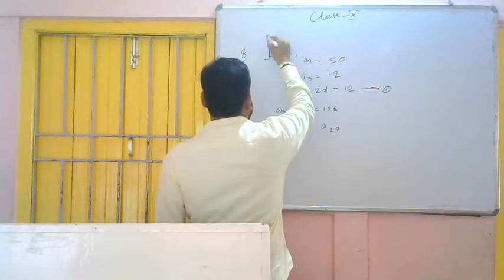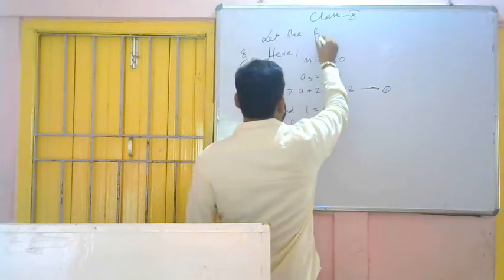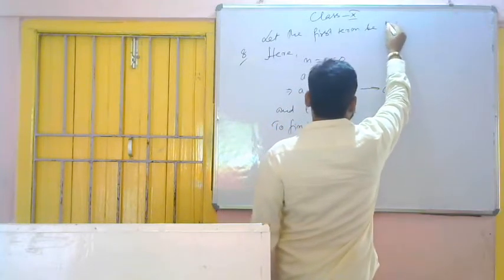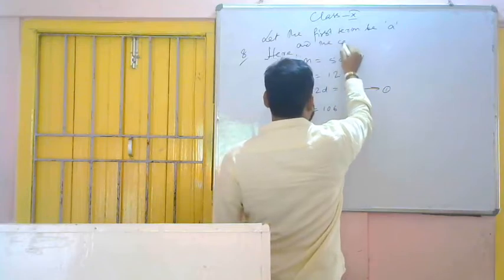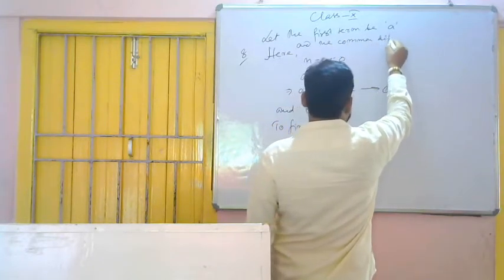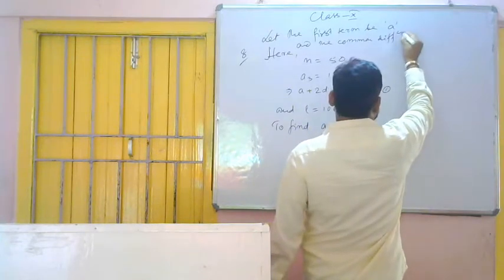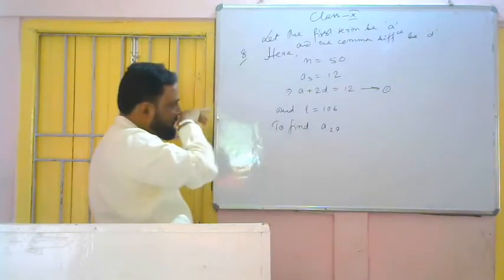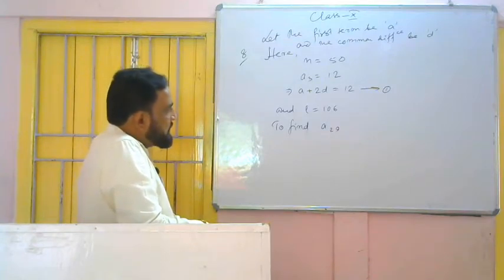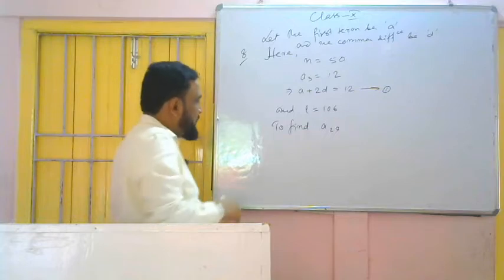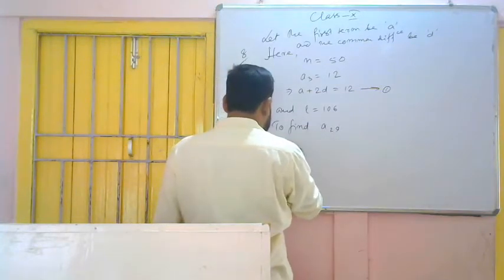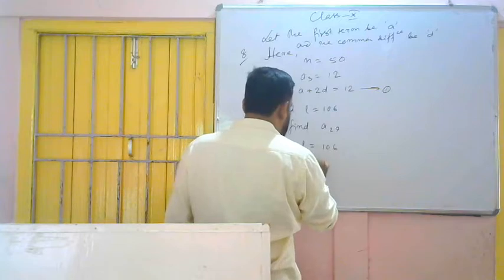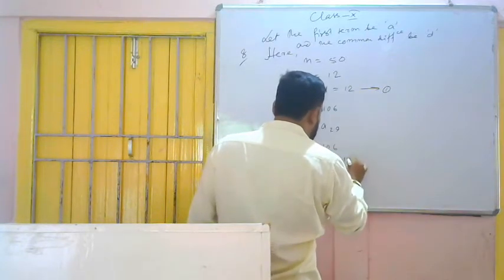Here you can write, before starting, let the first term be A and the common difference in short form be D. We have L is equal to 106, implies A plus n minus 1 into D is equal to 106.